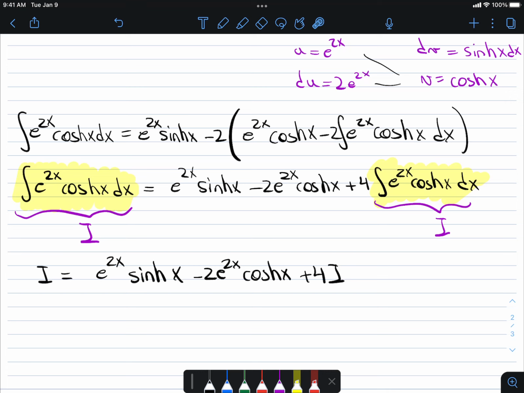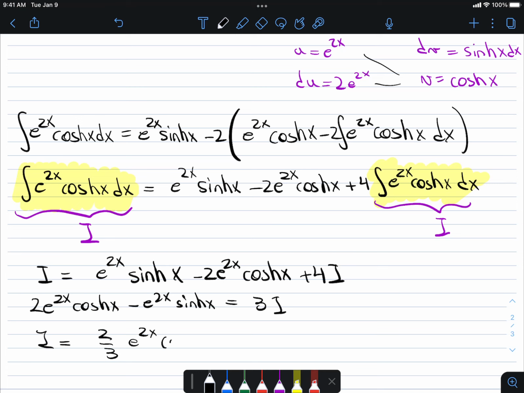I want to find out what I is, so I can just move over the entire thing to the other side, right, and get that 2e to the 2x cosine hyperbolic x minus e to the 2x sine hyperbolic x equals 3I, and then divide by 3 to get that I equals 2/3 e to the 2x cosine hyperbolic x minus 1/3 e to the 2x sine hyperbolic x.